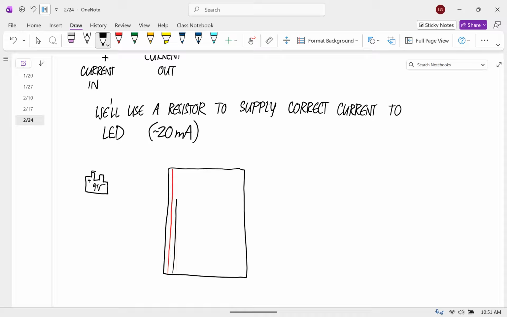And we're going to connect the battery's positive to the positive power rail and the negative to the negative power rail. So now both of those two rails are powered and we can do the rest of everything off of those.